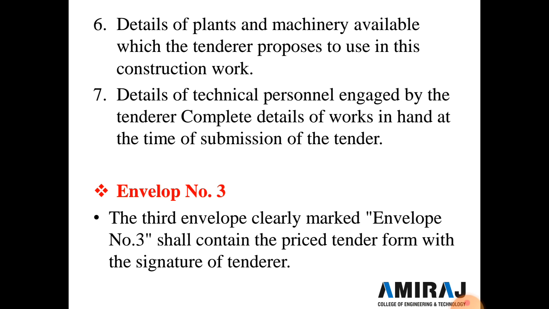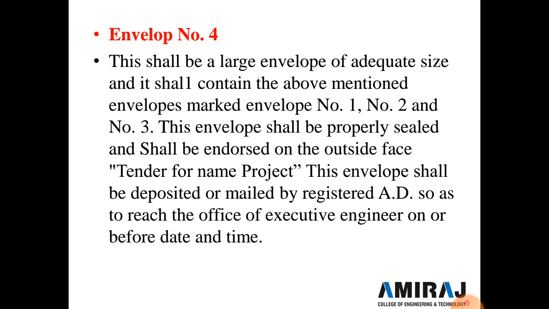Now envelope number 3 is clearly marked envelope number 3 on the envelope, and shall contain the price tender form with the signature of the tenderer. And envelope number 4 is the large envelope of adequate size.